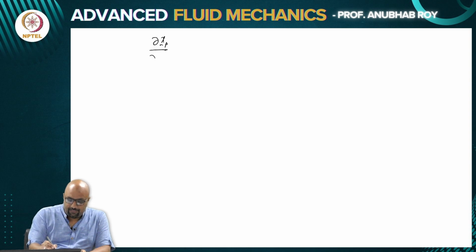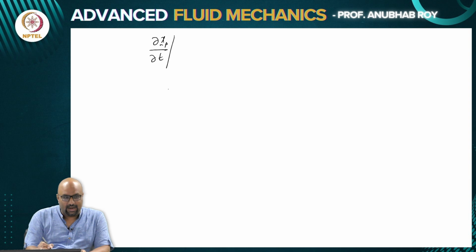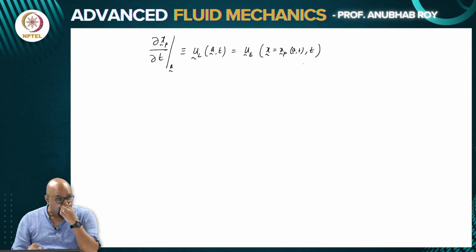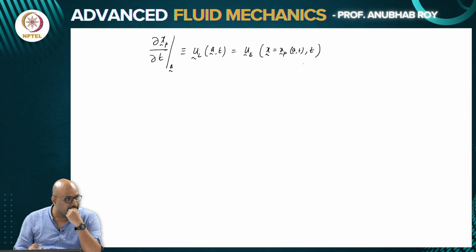So we have the relation that the rate of change of your coordinate, at a fixed value of the initial condition, is basically defined as my Lagrangian velocity, and this would be equal to my Eulerian velocity if I were to make measurements exactly at that same point where the fluid particle was passing by at that exact same instant.